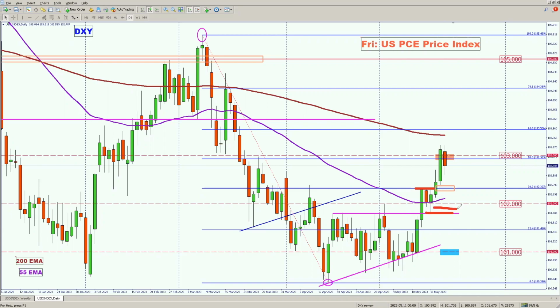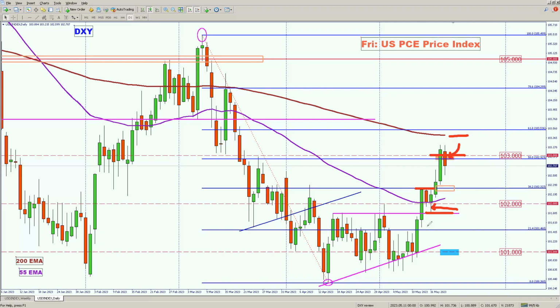And on the Tuesday, that was the US retail sales figure. That's where it bounced from, and initially dipping lower and recovered all the way back up past the 103 resistance zone, and was actually heading towards the daily 200 EMA. But then on Friday, with the comments from Fed Chair Powell, it pulled back lower, back below the 103.